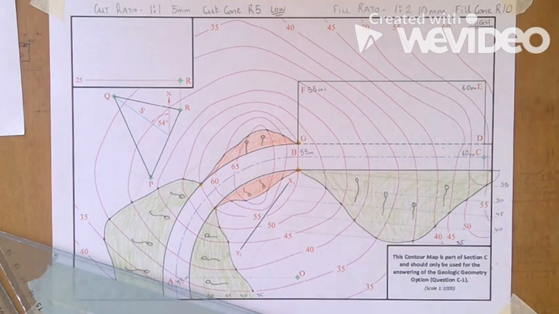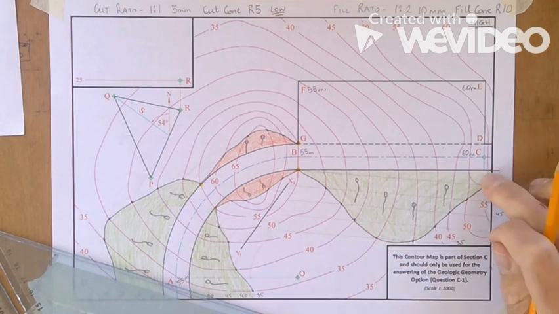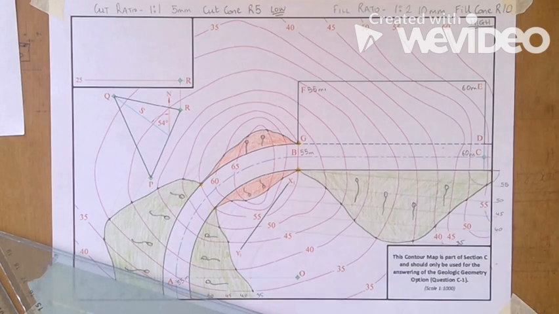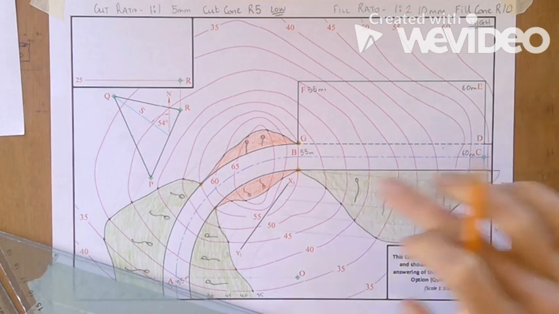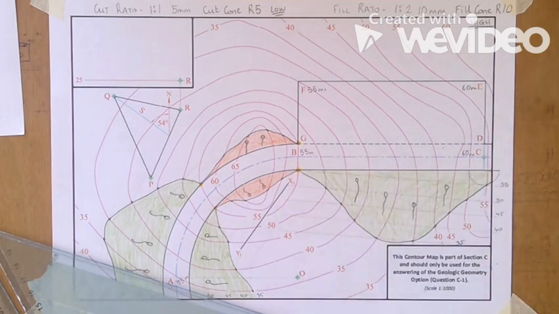It's important to understand that the fill cone always goes to the high side of the roadway and the cut cone always goes to the low side of the roadway. Because the road is rising, the fill cone goes at this side. If the road was falling, the fill cone would go at that side and the cut cone would go at this side. So it depends on the situation at hand.